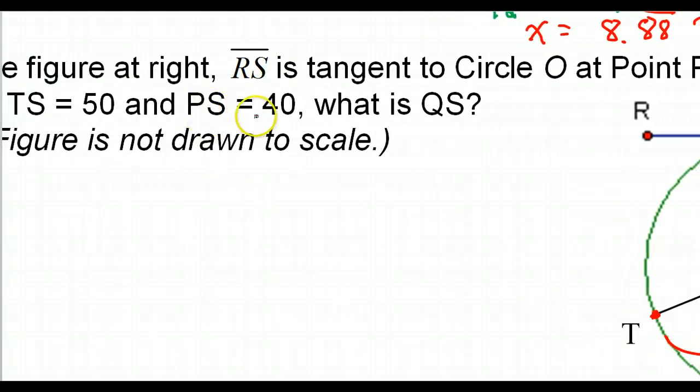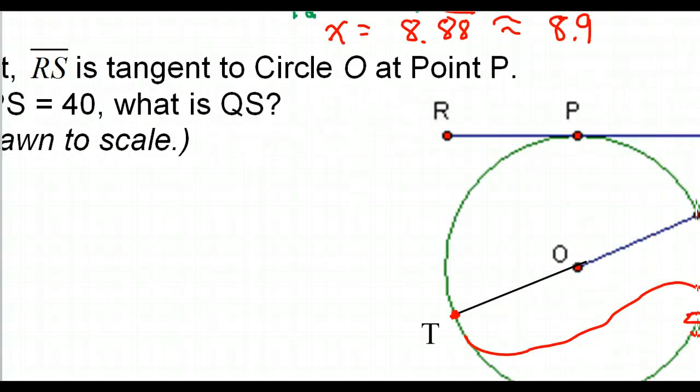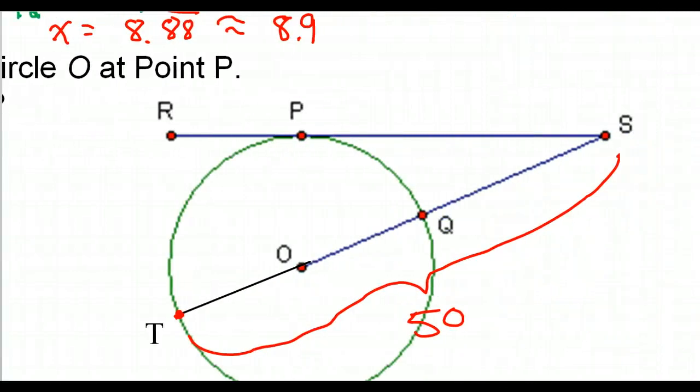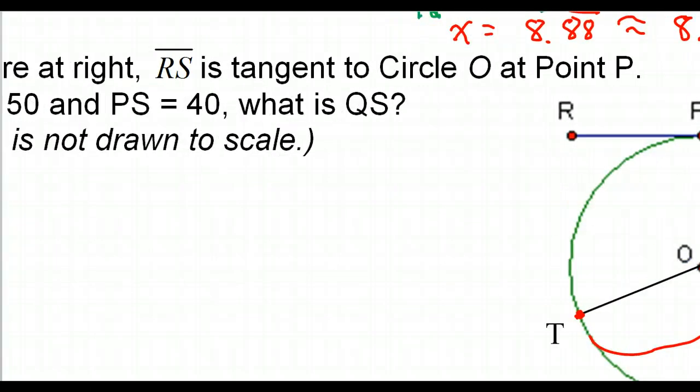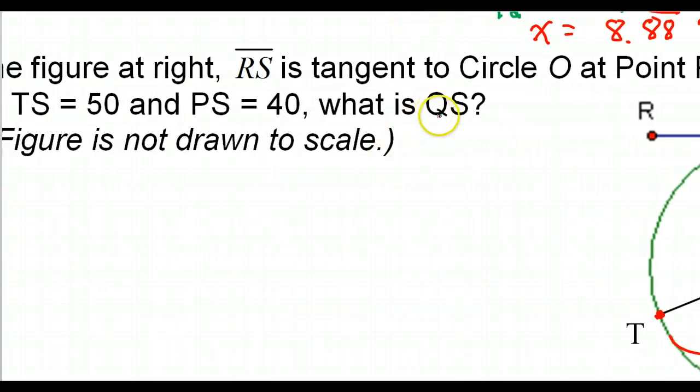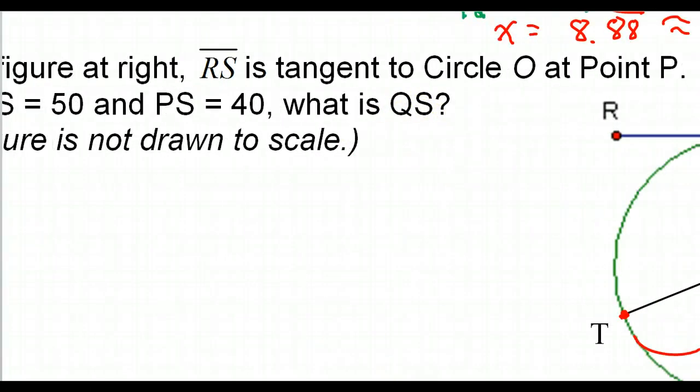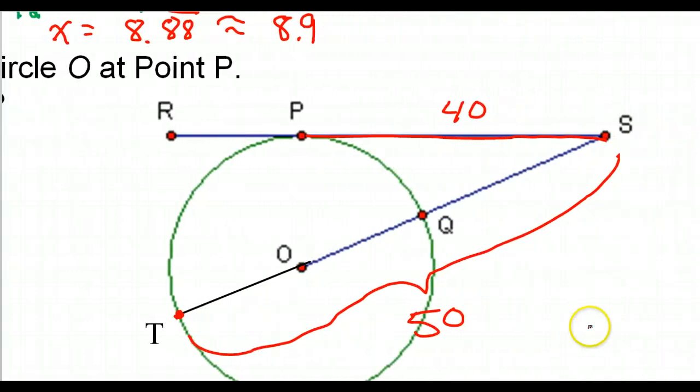Meanwhile, PS is 40. So this right here is 40. Now I wonder what we are being asked to find. What is QS? Okay, so QS is the thing that we are being asked to find. So QS is this right here. This is our target. I will call that X.